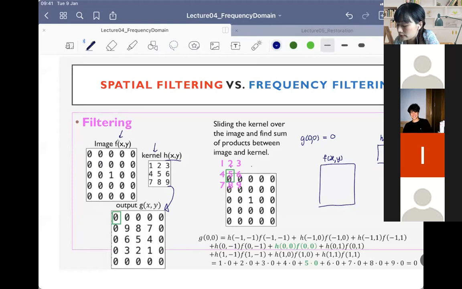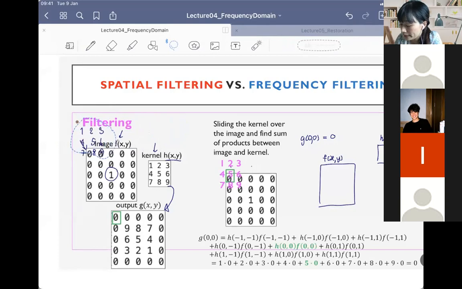If you have a very simple image, which has only a number 1 in the middle and the others have 0 value, and I write down a kernel of my own here, 7, 8, 9, and so on, I slide it through.